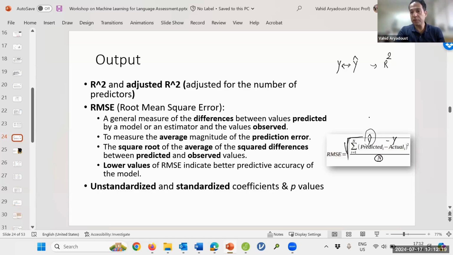If there's a big difference between the two, the numerator will be pretty large. If it's too large, the RMSE will be too large too, which means we have a model which has a huge amount of error in it.